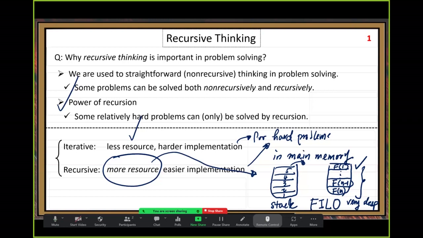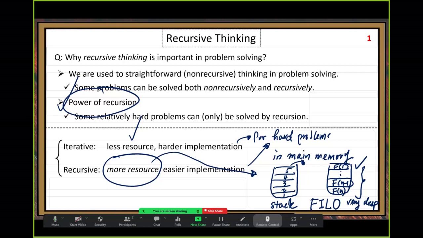But you may ask this question: recursion could cause this big problem, but why do we use it? Answer: we like its power. The power is so big, so we would rather accept this kind of drawback.